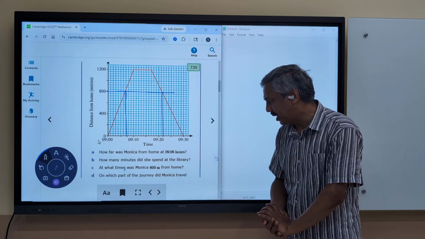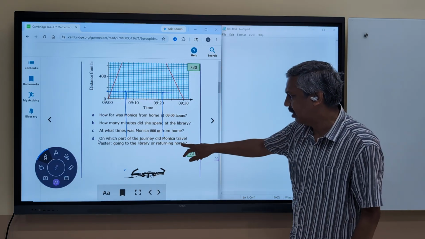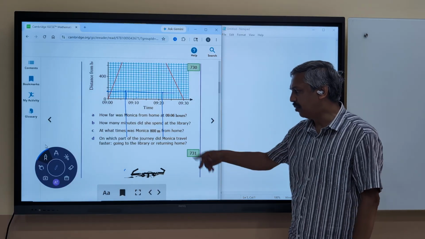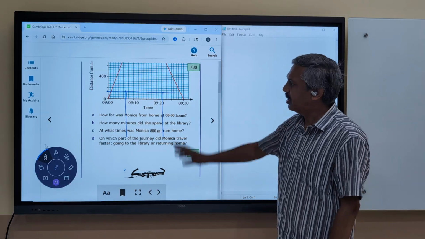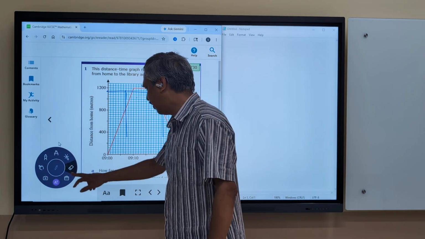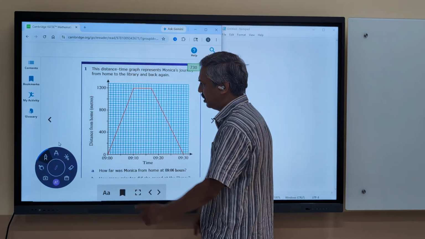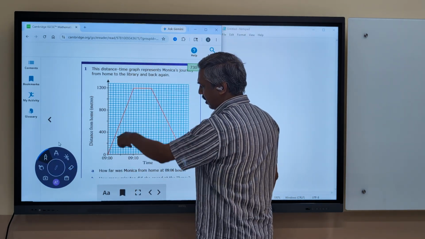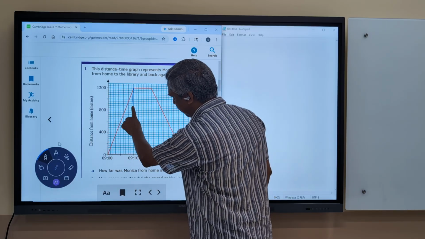On which part of the journey did Monica travel faster? Going to the library or returning back? See, the distances are same. If you see the graph, the distance of library from her house is not changing, it is 1200 meters. But what is changing is the time.